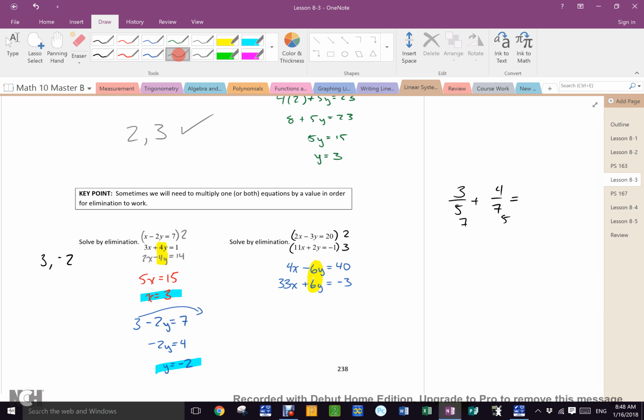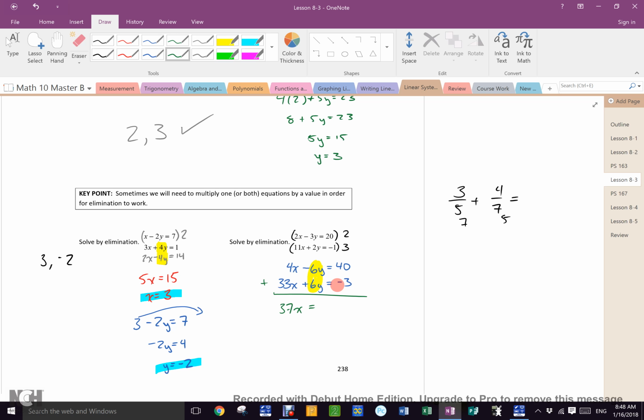So the y's are going to disappear. What am I going to get? What's 4 plus 33? 37x. What's 40 minus 3? 37. What does x equal? 1. As soon as I have x equals 1, where can I put that 1?